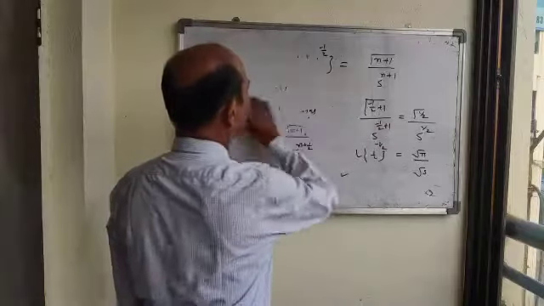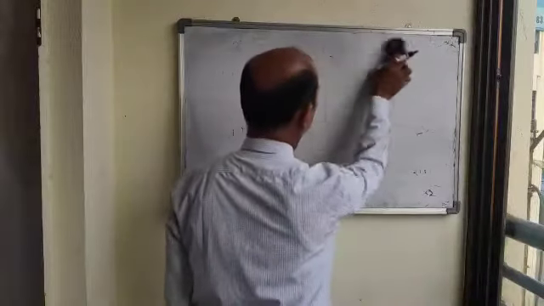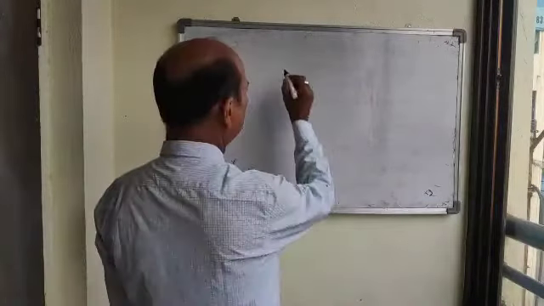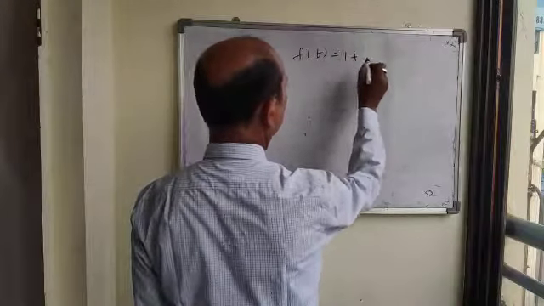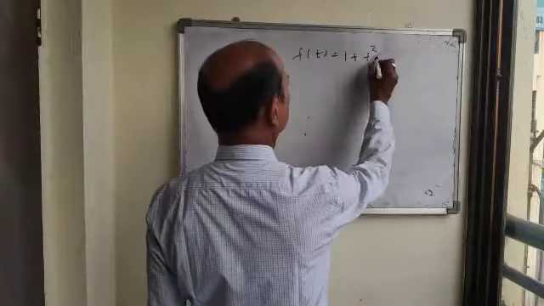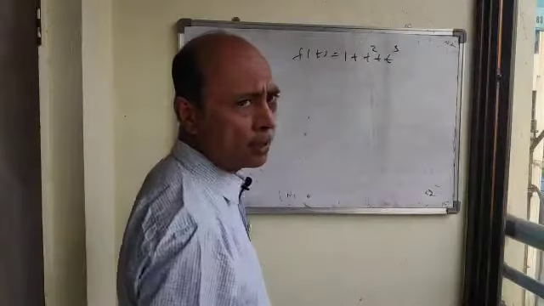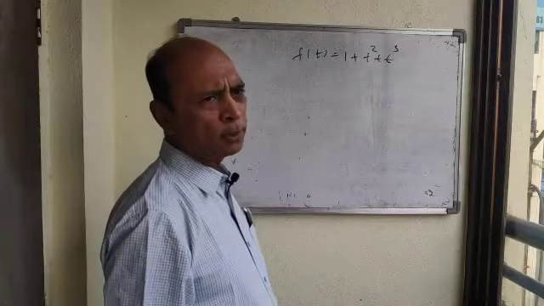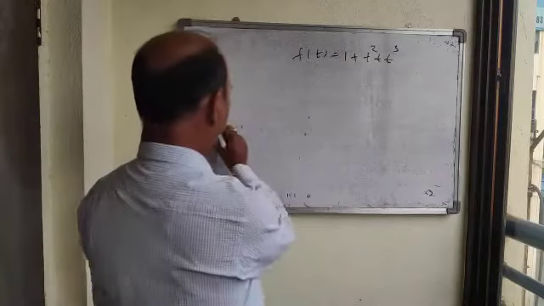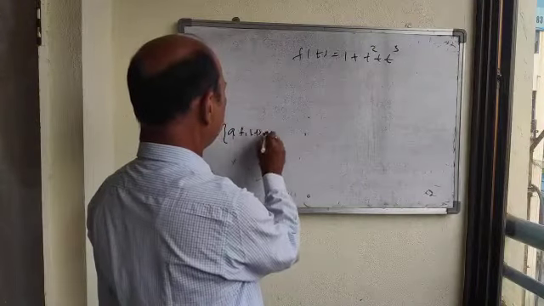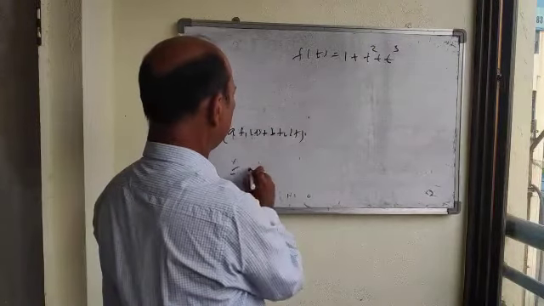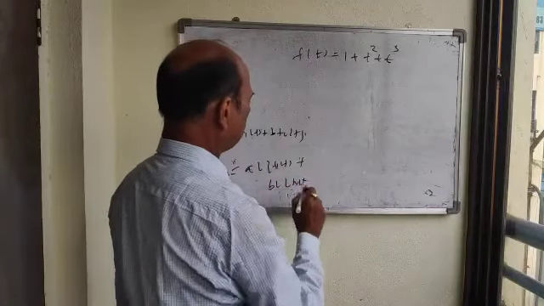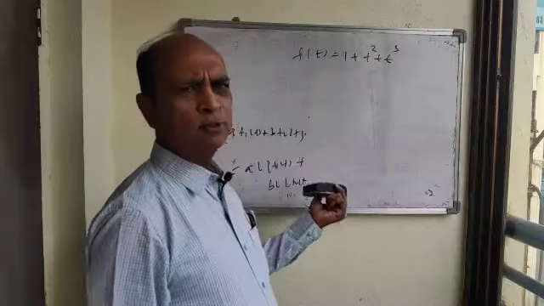Now one more example, which depends on the linearity property of Laplace transform. Suppose here f of t is equal to 1 plus t square plus t cube. This is the function, and we have to find the Laplace transform of this. We have seen the linearity property of Laplace transform, that is L of a f1 of t plus b f2 of t is equal to a into L of f1 of t plus b into L of f2 of t. And it is applicable for more than two functions also.